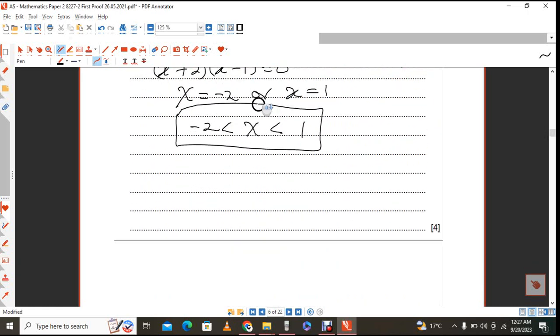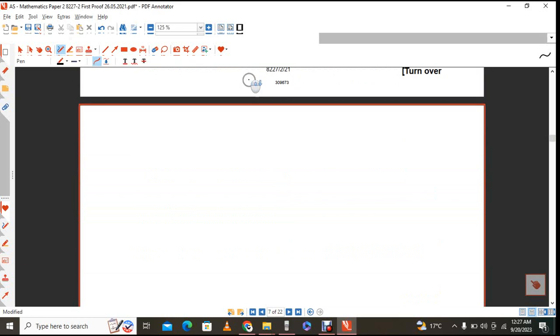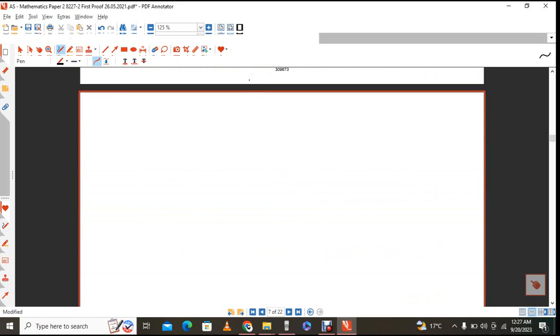Maybe you can use graphs. So remember, it was the absolute value of 3x plus 3 is less than the absolute value of x plus 5. So we can use graphs if you were to solve this.